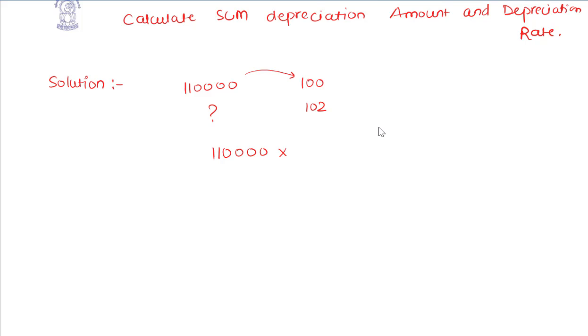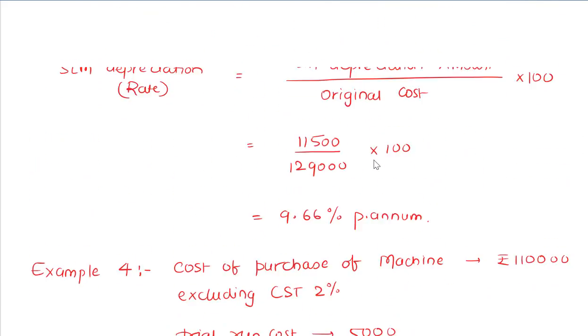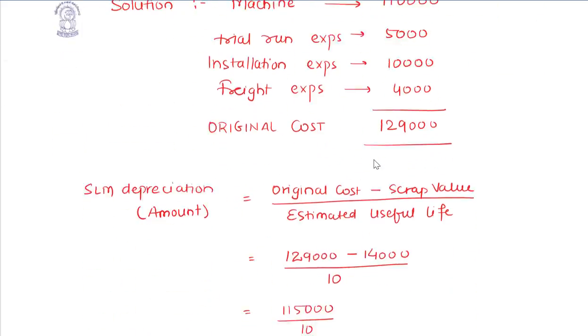It should be calculated as 1,10,000 multiplied by 102 and divided by 100. Just do it. This is 1,12,200. I believe you understood. The rest of the steps are the same.